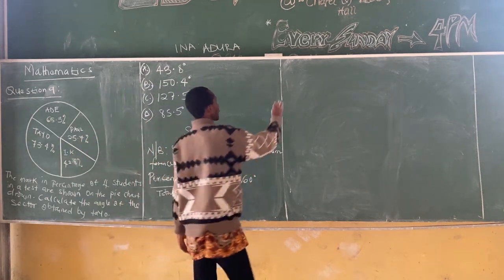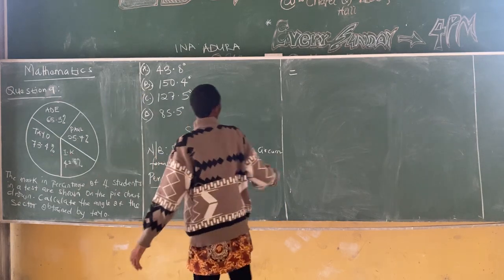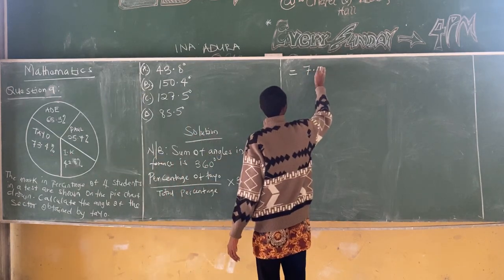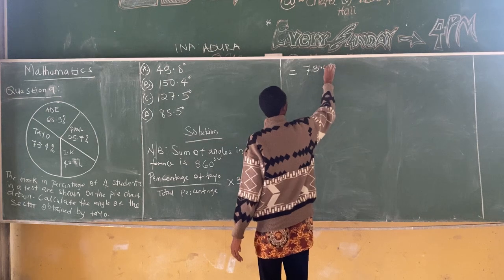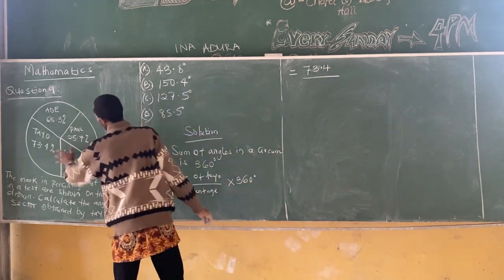So this is the same thing as the percentage of TIRE to be what? 73.4. 73.4% divided by the total percentage. That is the sum of all these percentages.